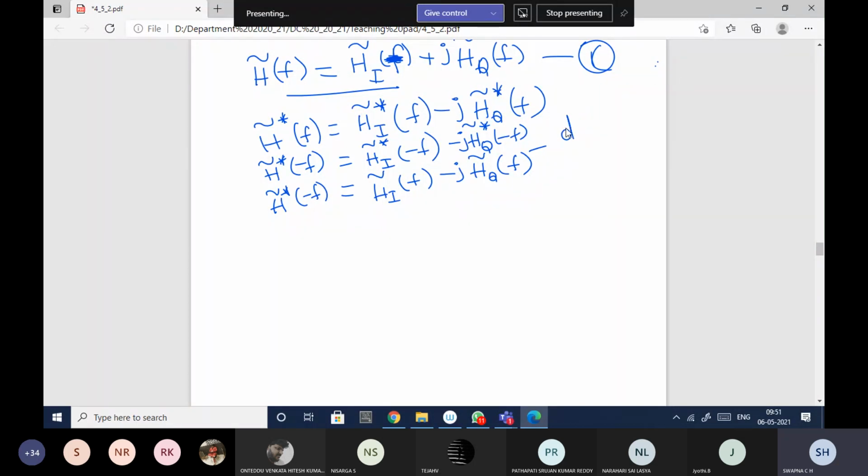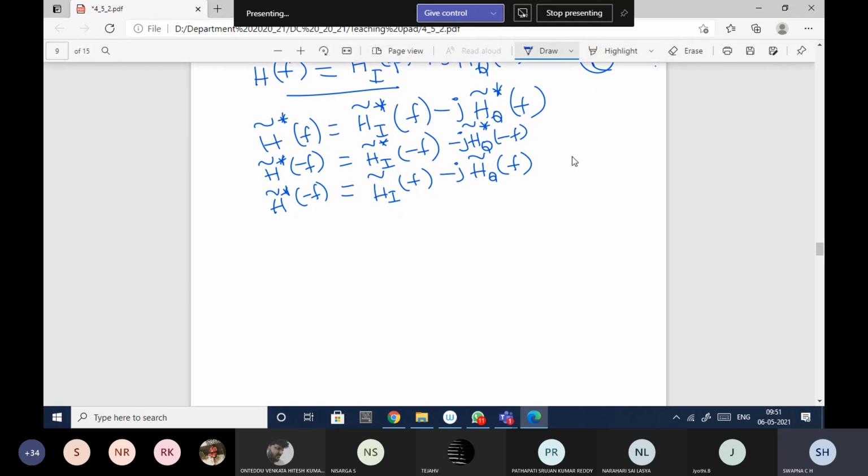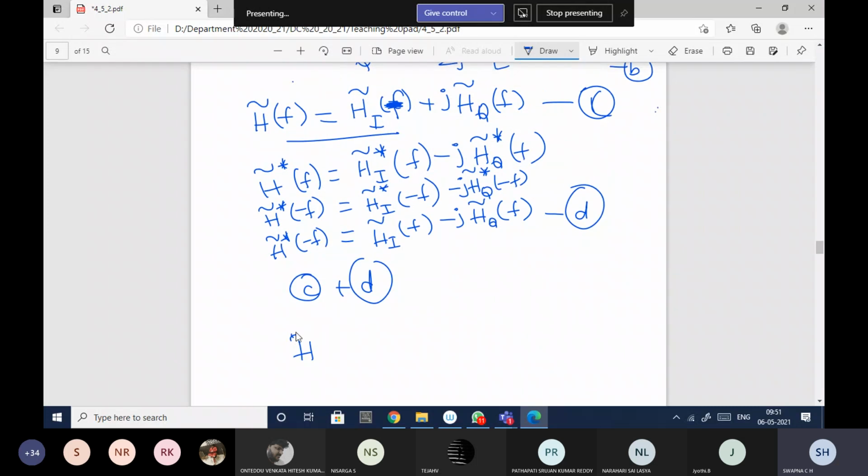This I'll consider as D now. Okay. Now what I'll do, I'll add C plus D. When I add C plus D, I have as h tilde of f plus h tilde star of minus f.